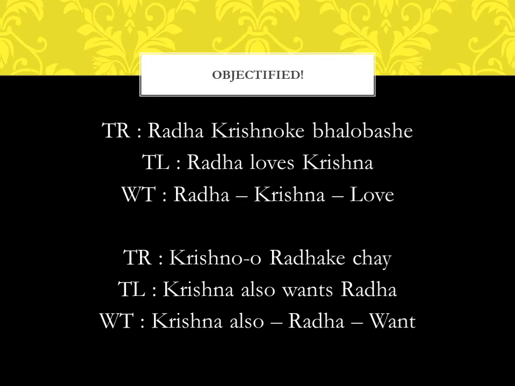Also, we can have these kinds of suffixes like o and e to indicate inclusion or exclusion. So when we say Radha Krishna ke bhalobashe, Radha loves Krishna, and we can say Krishna Radha ke bhalobashe, Krishna also loves Radha. So I love you and you also love me.